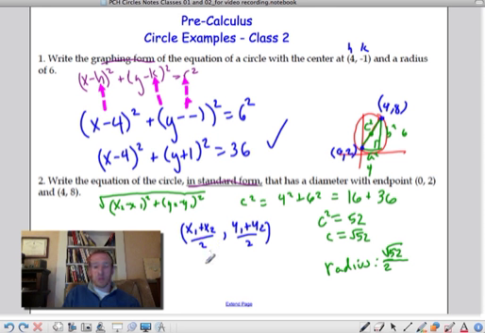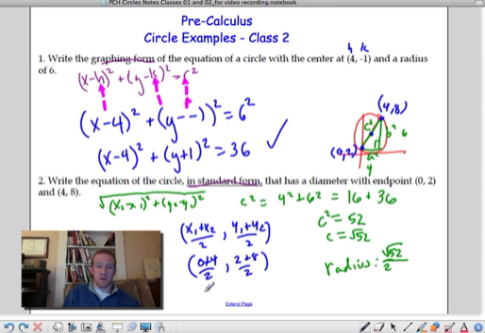So that's going to be 0 plus 4 over 2, and 2 plus 8 over 2. And think about it, halfway between 0 and 4 is 2. Halfway between 8 and 2 is 5. So we're going to get 2, 5 here.